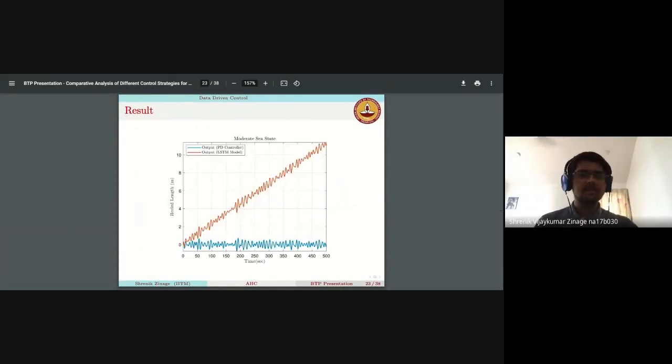Okay, now talking about the results, the results that I got were not that great, and the reason is the control input. When I trained it and tested it on new data, the predicted control input, the output of the LSTM network, showed a slight offset, a slight upward shift, when compared with the actual control input of the PD controller.